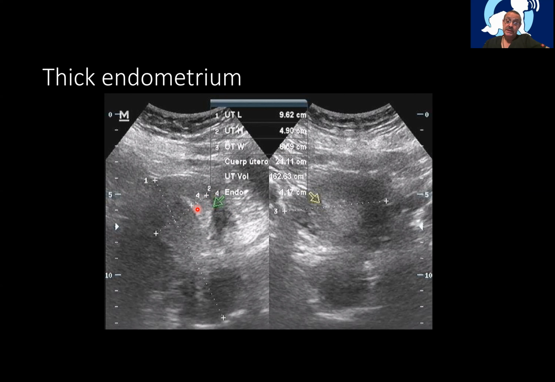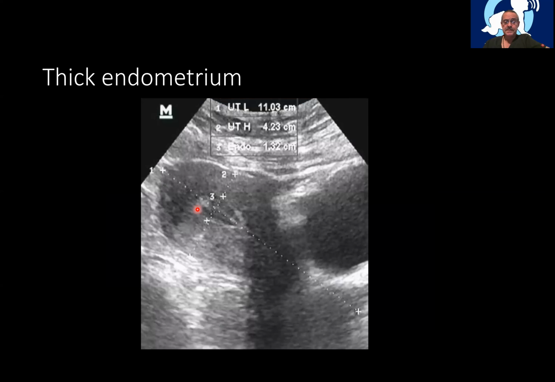What's considered to be thick? Well, that depends on the stage of the cycle the patient is in, and between 5 and 10 millimeters is pretty decent. This is mildly thickened endometrium. The thick endometrium, 1.3 centimeters or 13 millimeters.